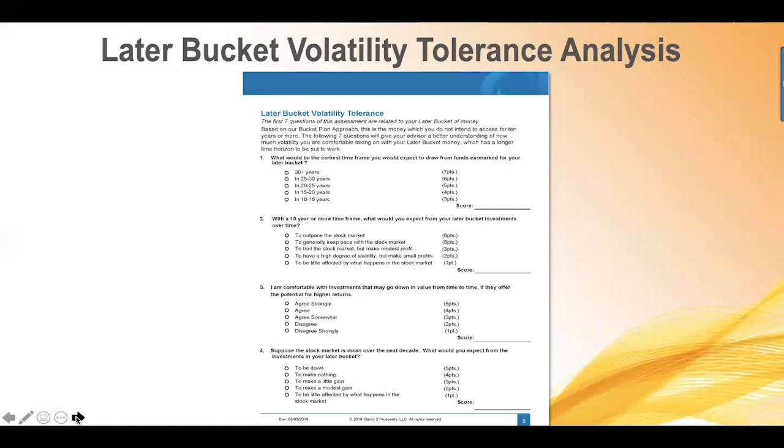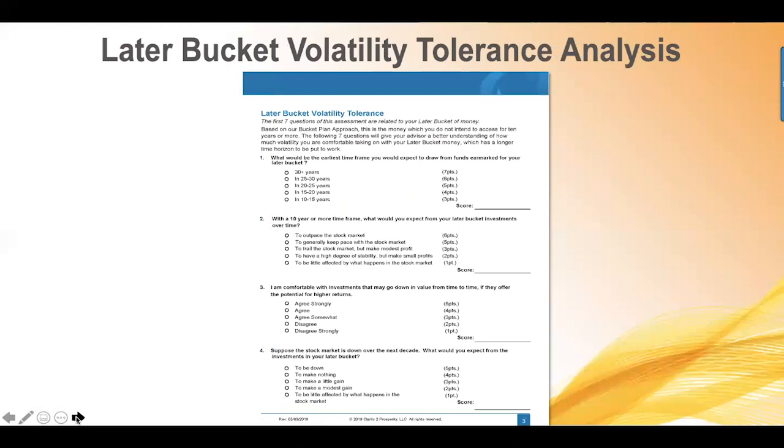I'm going to ask you a series of questions to understand how much volatility you're willing to take on, ups and downs in the market, in the later bucket. The first question is, when's the earliest time you would expect to draw from your funds earmarked for your later bucket?